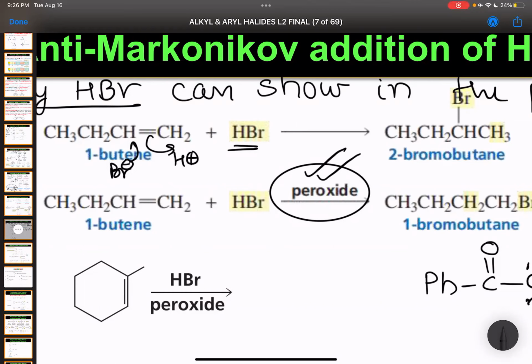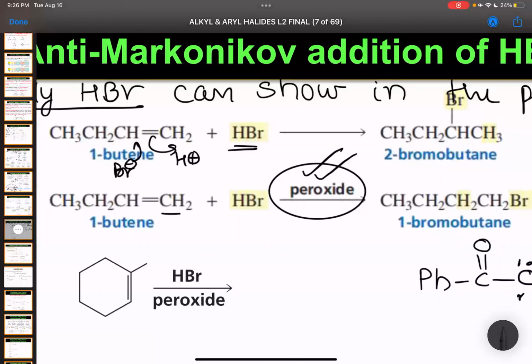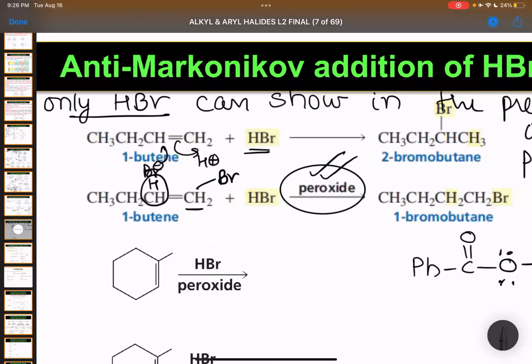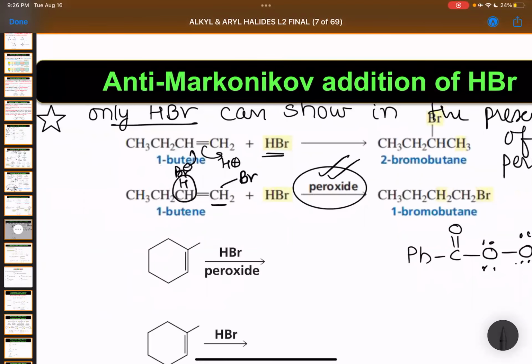You can see over here, this is the carbon having 2 hydrogens, but I will not put hydrogen here. I will put hydrogen at this point. Instead, I will put Br at this carbon. So this is the reverse addition, the anti-Markovnikov addition of HBr in the presence of peroxide.